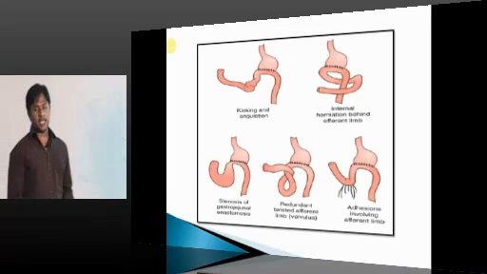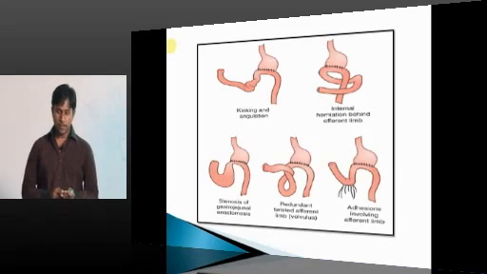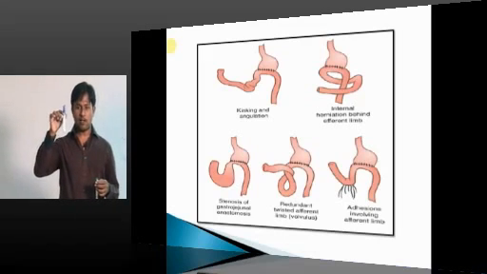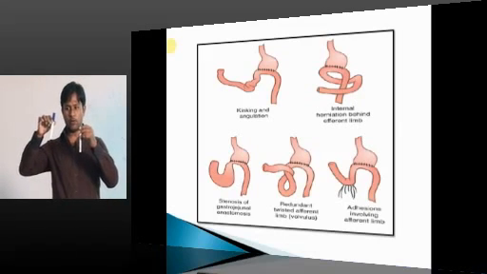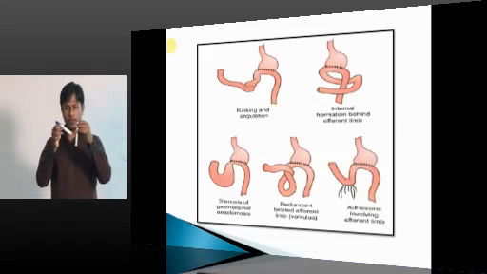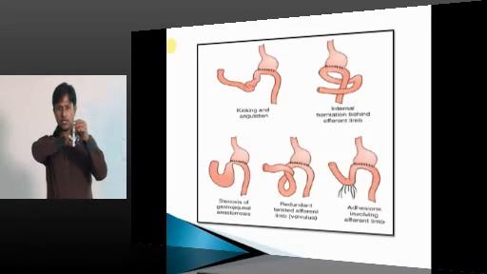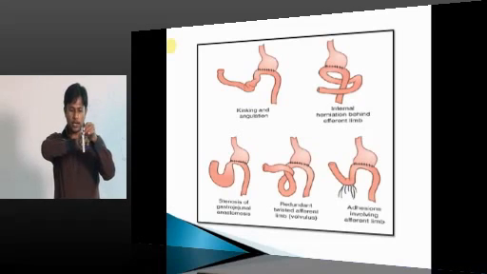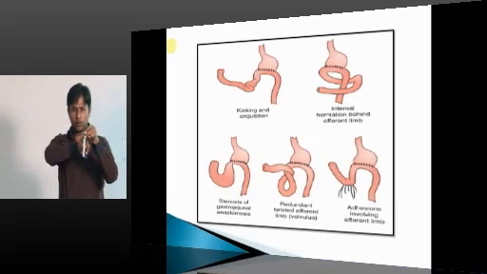When there is an internal herniation. Okay, I will tell you how. See, remember, this is the afferent loop and this is the efferent loop. The afferent loop will be normally present like this, right? When this rotates internally, this loop, when it rotates internally, causes obstruction over this efferent loop.